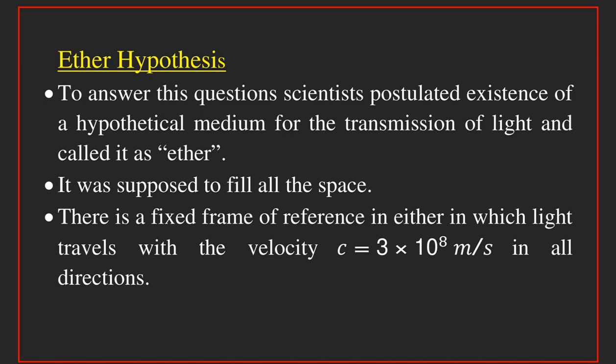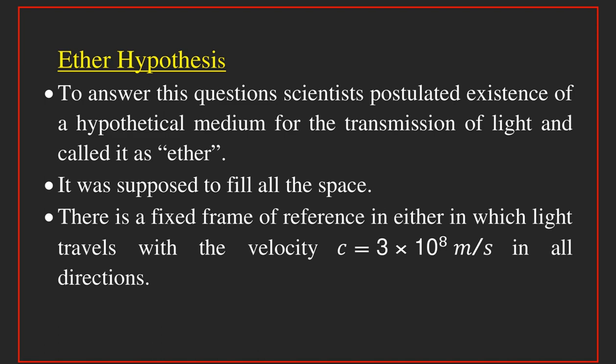These questions were answered by the scientists by postulating a hypothetical medium called ether that exists in all space. It was supposed to fill all space, including vacuum. And there is a fixed frame of reference.